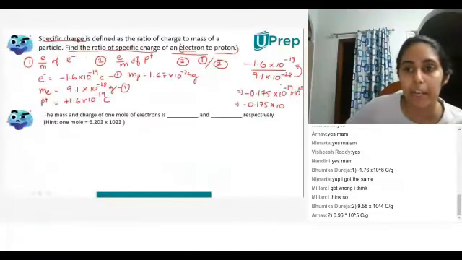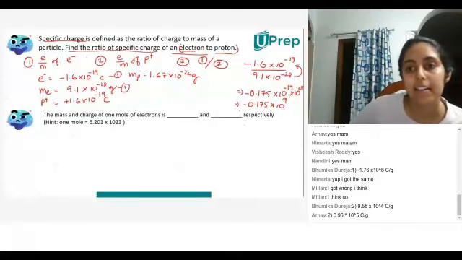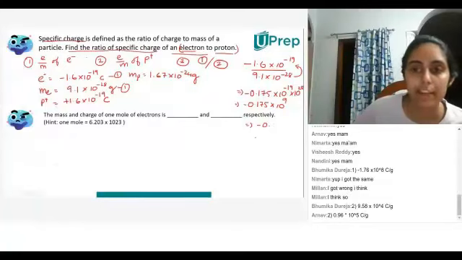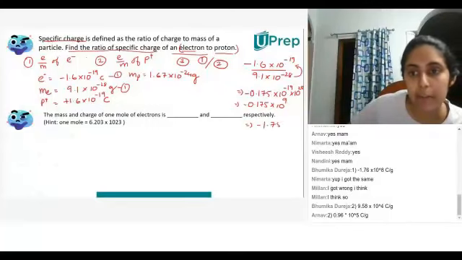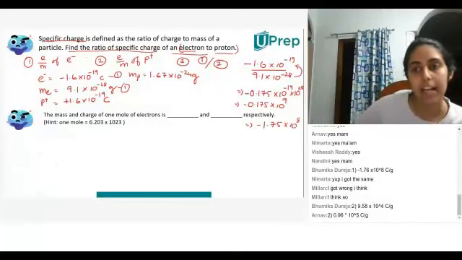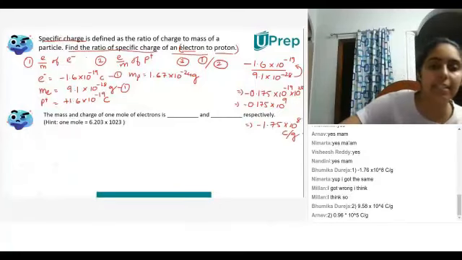Or you can write this as minus 1.75 or 1.8, whatever. So I'll just write it as 1.75 into 10 to the power 8. And the units will be coulomb per gram. Make sense?